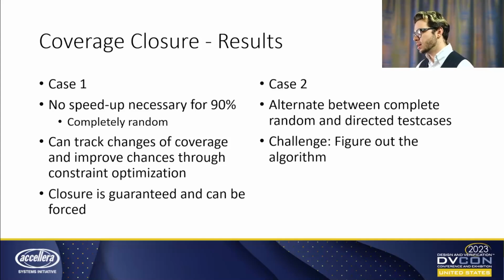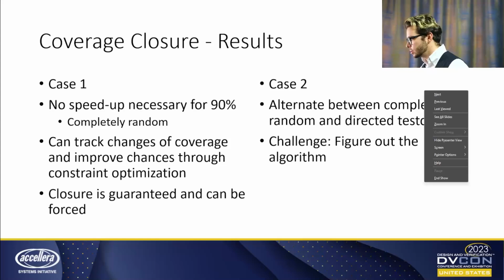The best approach that we have found is to greatly reduce the number of intervals and the weights and increase the weights for the ones that haven't been covered, but track it as a function of the delta coverage from one regression to the next. This is how you get the best of both worlds, because you keep the constraint random, but also make sure that the coverage increases steadily in the last phase of the verification project, and you don't get stuck running regressions and always getting the same coverage.